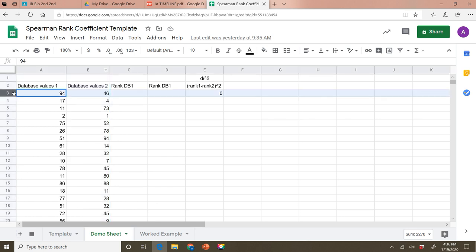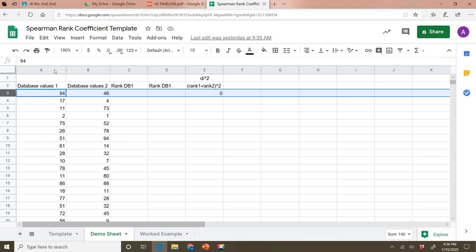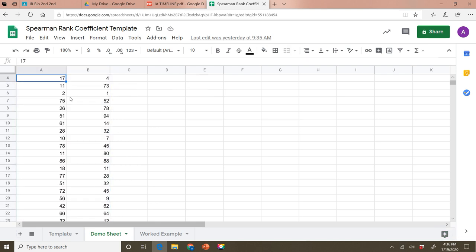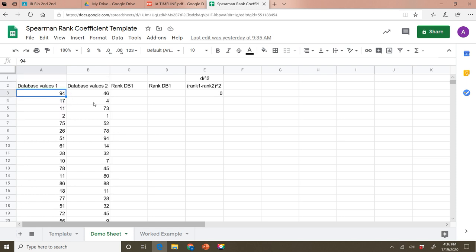Each one of these rows would be, say you were doing states, the poverty rate for Texas, and immediately next to it the average temperature in, say, 2008. So you would have your two database values side by side, aligned by the pairs, by locations, or whatever you were trying to correlate.